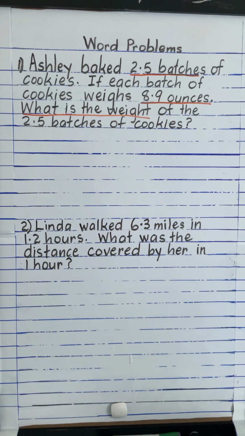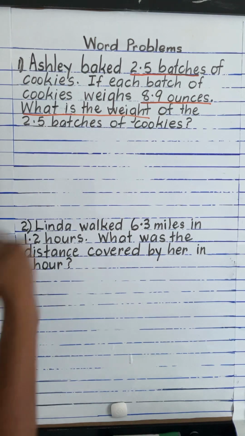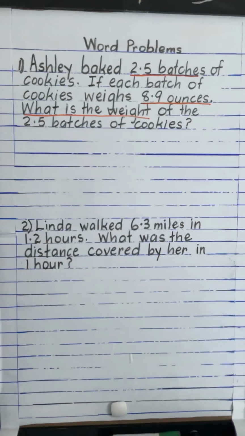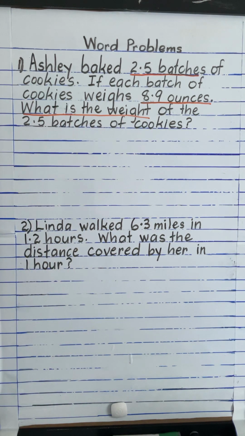So the usual steps: we read our problem, we make sure we understand the problem, and we underline the key points that are going to help us. I've gone ahead and underlined the key points: 2.5 batches, 8.9 ounces. What is the weight of the 2.5 batches?